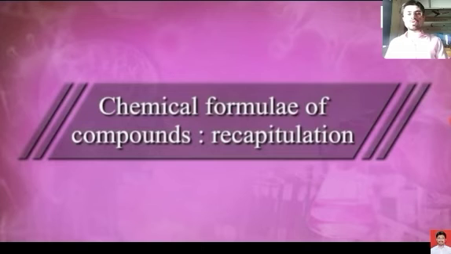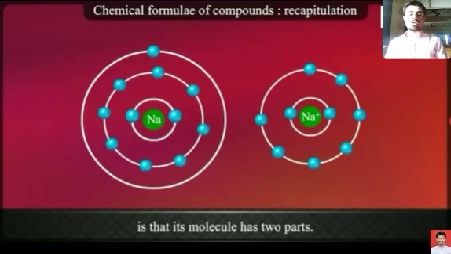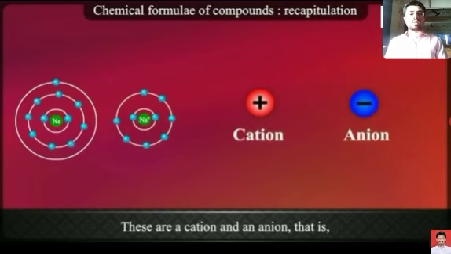Now we are going to see the chemical formulae of compounds. The characteristic of a compound formed by ionic bonds is that its molecule has two parts. These are a cation and an anion, that is a basic radical and an acidic radical.